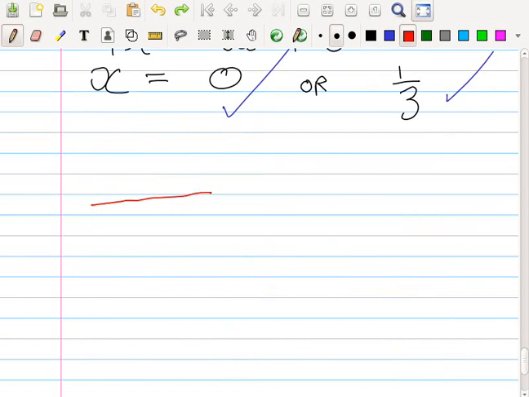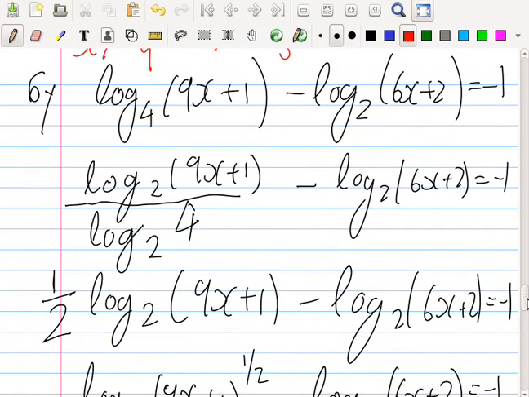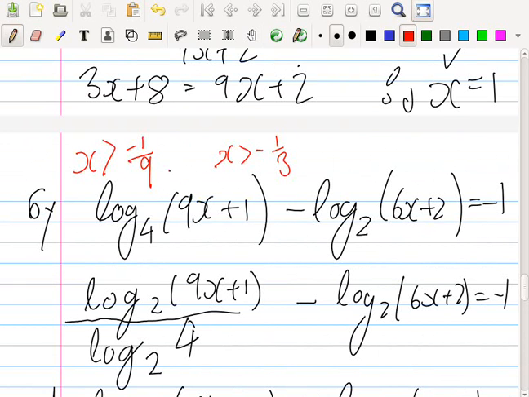So you have two answers, two restrictions. The first one is here, x must be more than minus 1 over 9. So that's like this piece here. And the second one is x must be more than minus 1 over 3. That's this one here. You need both of these to be true because you don't want to log a negative number. So both of these must be true at the same time.